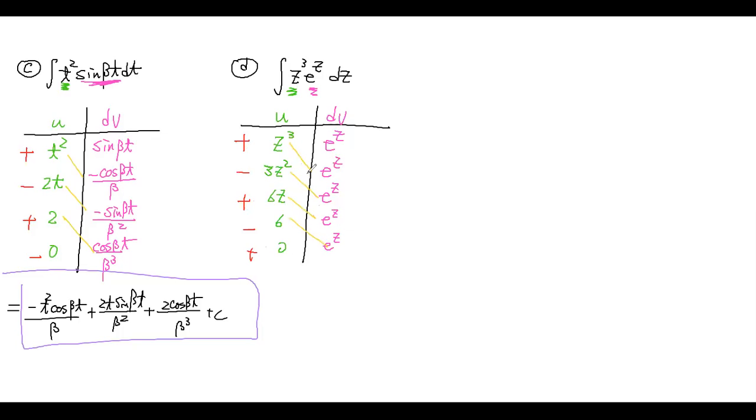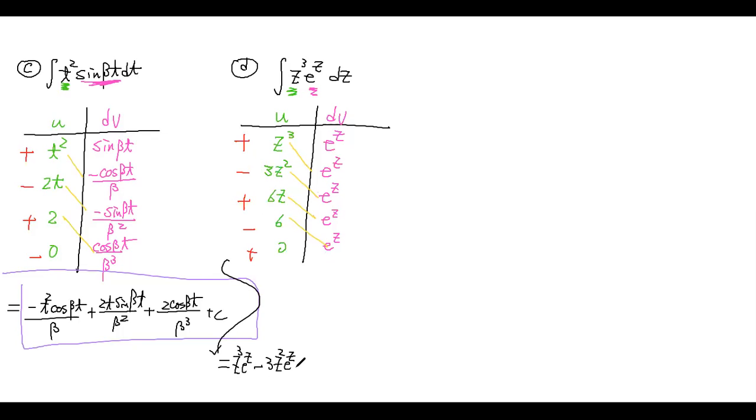All right, now let's write out my solution. Be very careful. It's z cubed e to the z. There is a minus, so minus 3z squared e to the z.